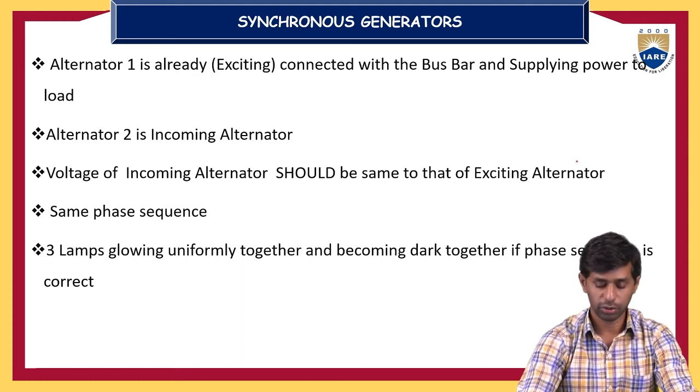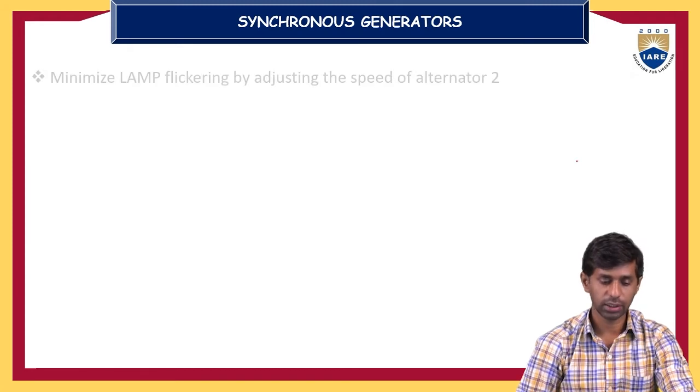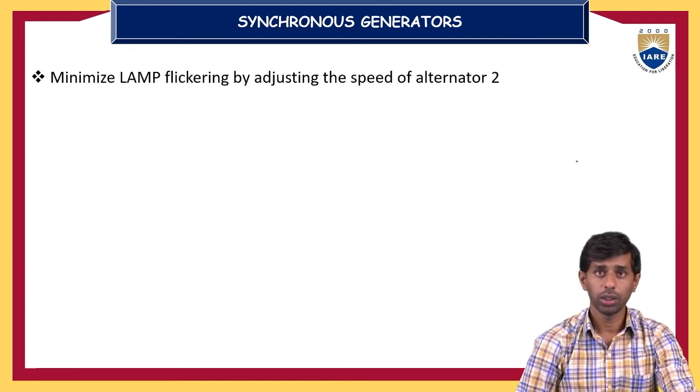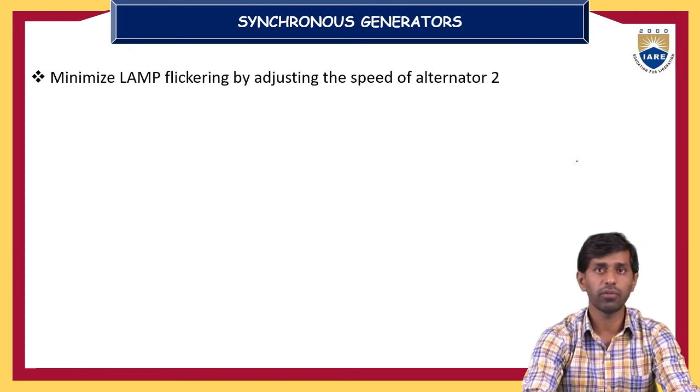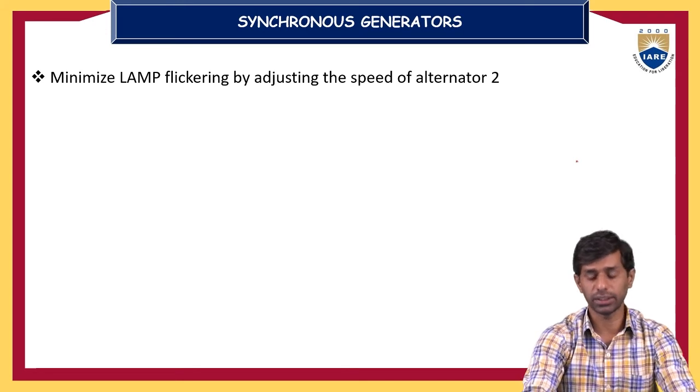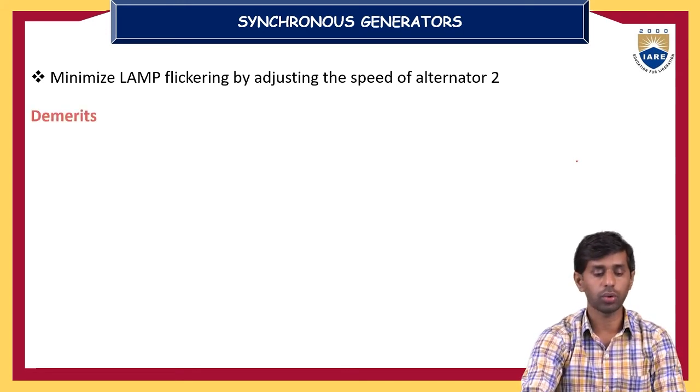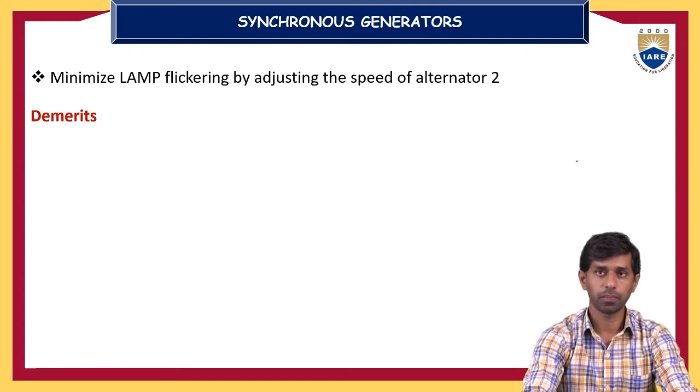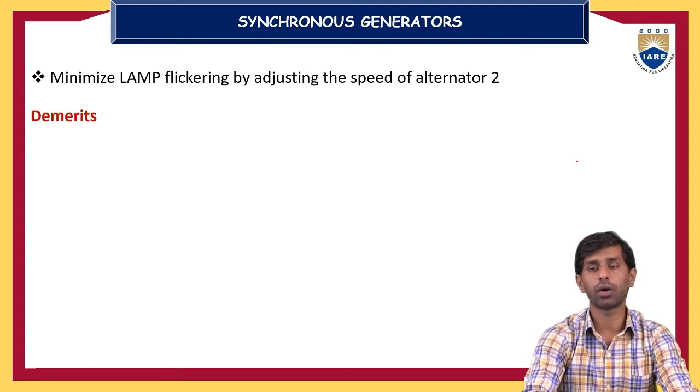That rate of glowing and darkening, we call flickering. So the next step is to minimize the lamp flickering by adjusting the speed of alternator 2. Minimize the flickering rate of the lamps by adjusting the speed of alternator 2.